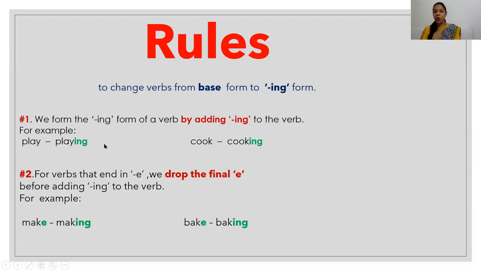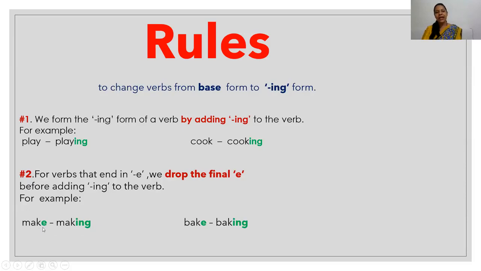Rule number 2 was for verbs that end in letter E. We drop the final E before adding ing to the verb. Let us take few examples. For example, verb make, M-A-K-E. The letter E at the end is dropped and we simply add ing.